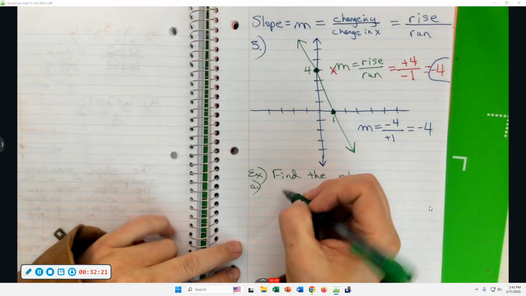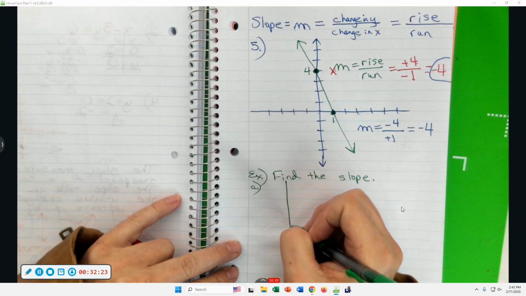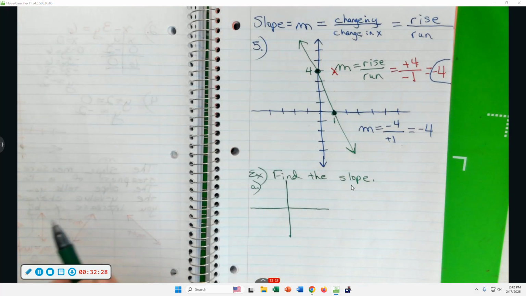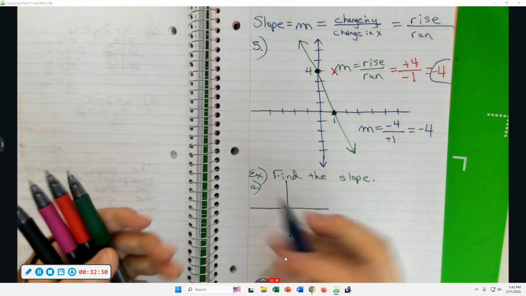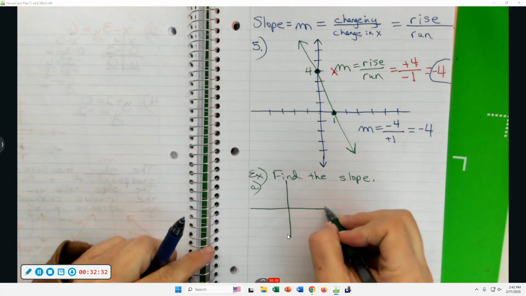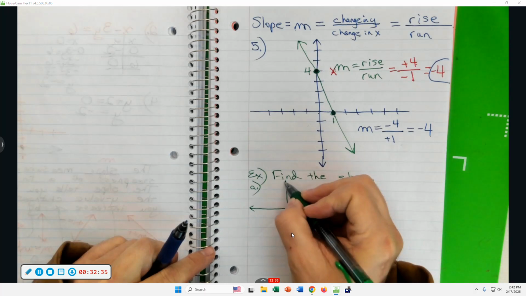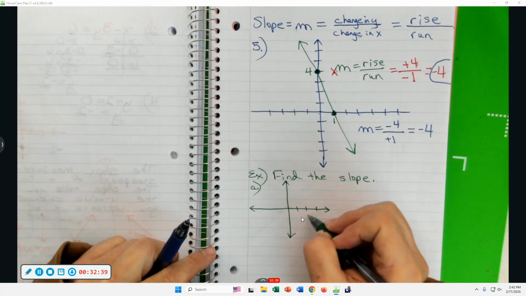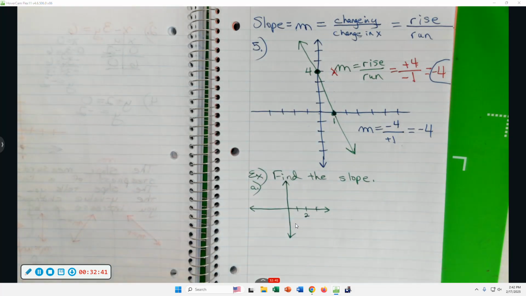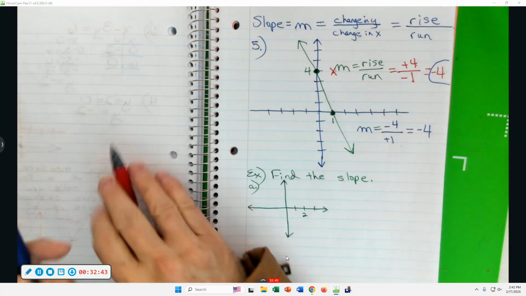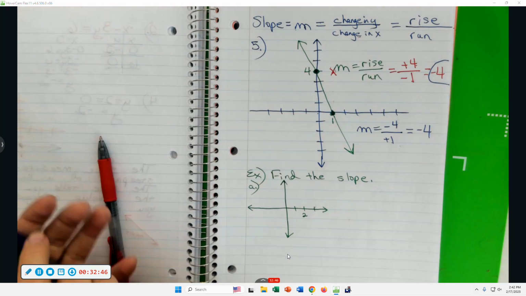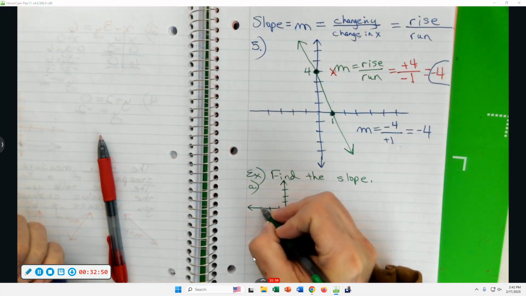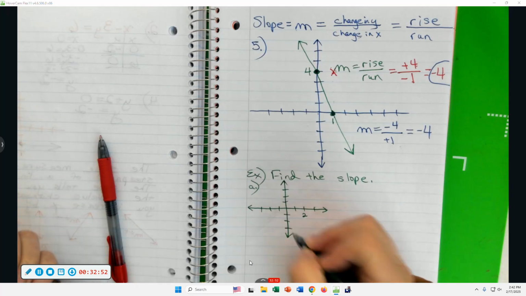So here's my first line. My x-axis and my y-axis. I have a vertical line, so I better put on the little tick marks, otherwise it's hard to tell which line is the axis and which one is the line that we're trying to find the slope of.